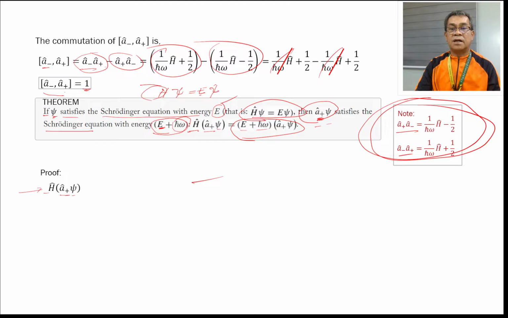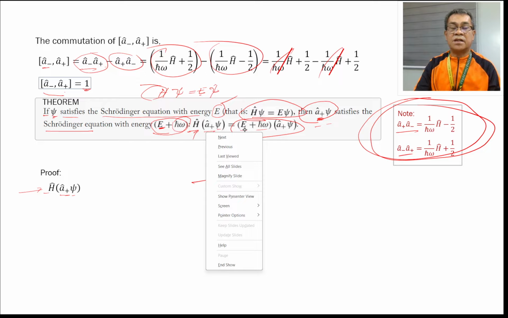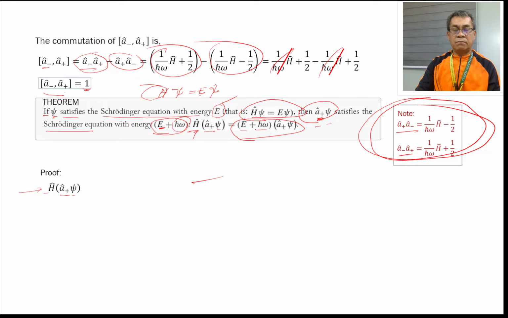So how true is it that the Hamiltonian acting on the raising operator acting on psi provides E plus h bar omega multiplied by the raising operator acting on psi? Is this true or false?